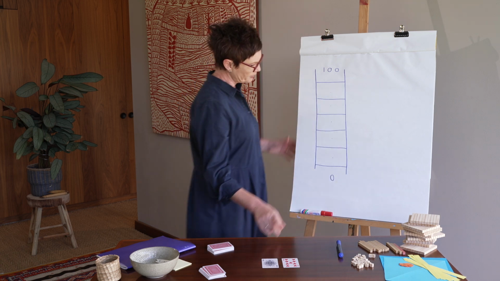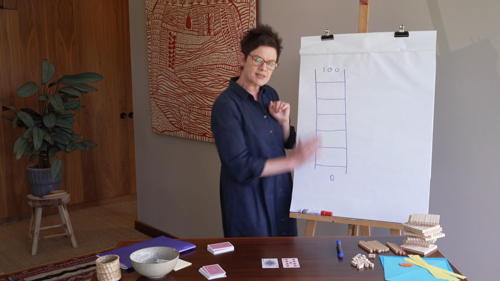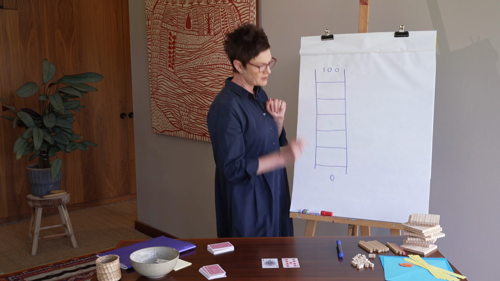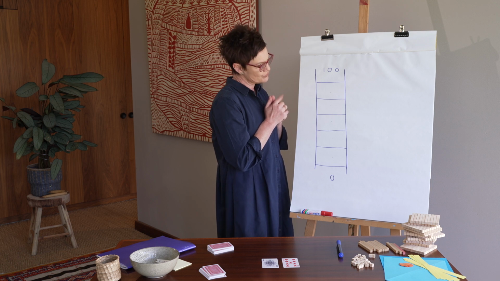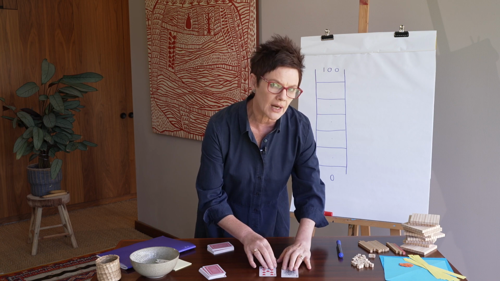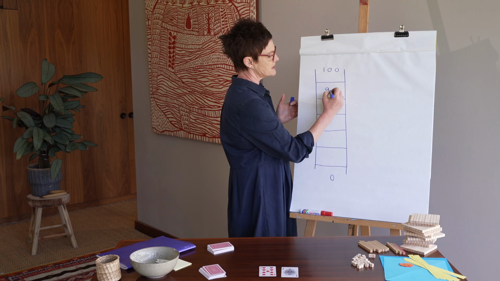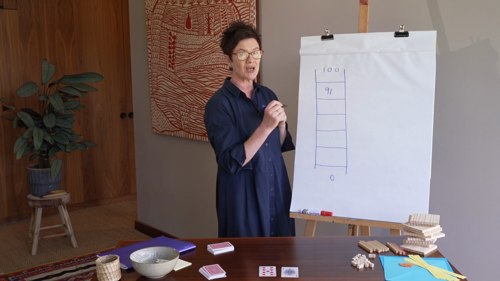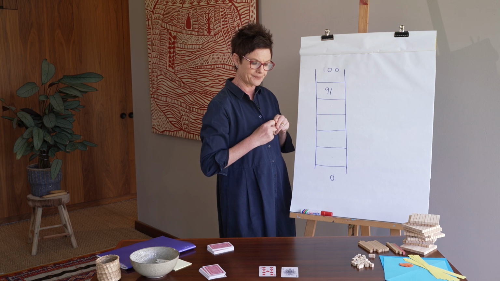So I can put 19 or 91 somewhere on my ladder, but I can't move it once it's there. I like 91. It's a big number and I'm going to pop it here, 91. Remember, I can't move that anymore. There it is on my ladder.